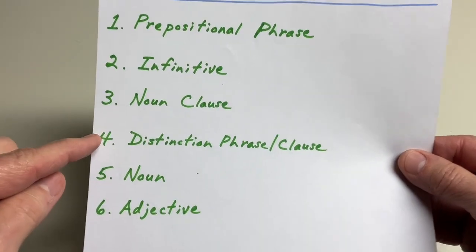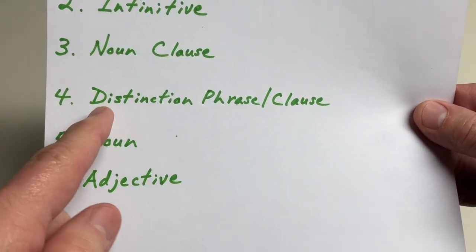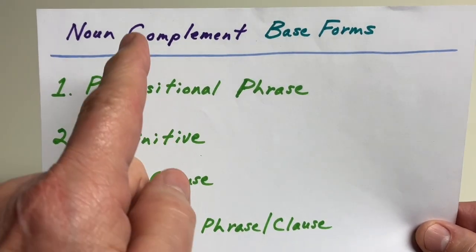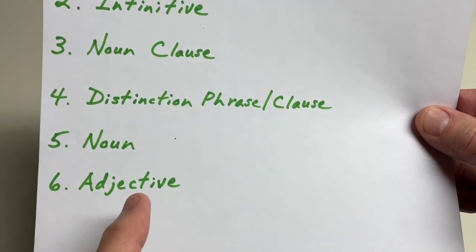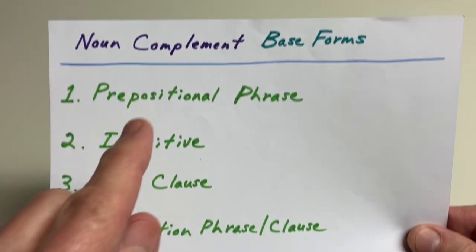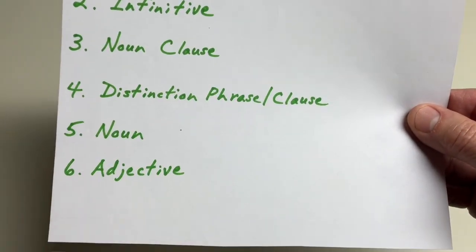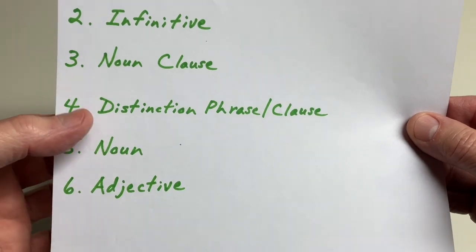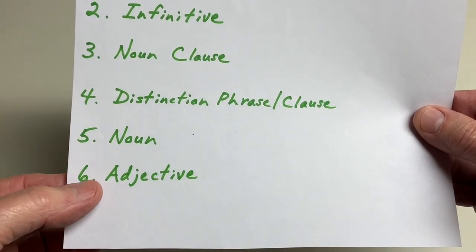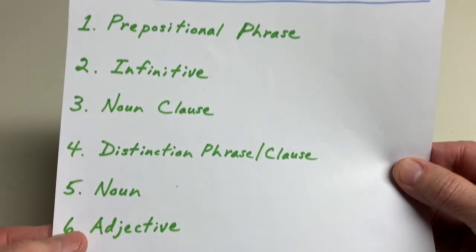I've already shown how the distinction phrase or clause used as a noun complement is related to the adjective used as a noun complement. They're kind of like cousins, the distinction phrase or clause and the adjective when they're used as noun complements.